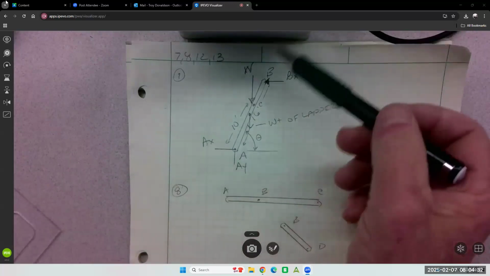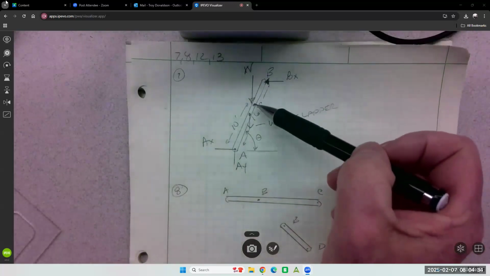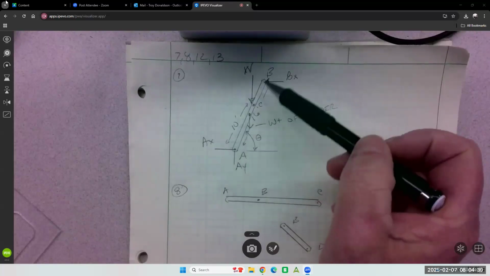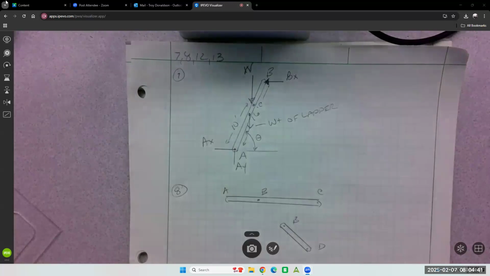This W is some other weight because it's not at the center. It's 10 feet up of a 16-foot ladder. So that was actually pretty complicated because you had to extract information out of the word problem. So absolutely feel free to make a lot of notes on your homework on these kind of things.